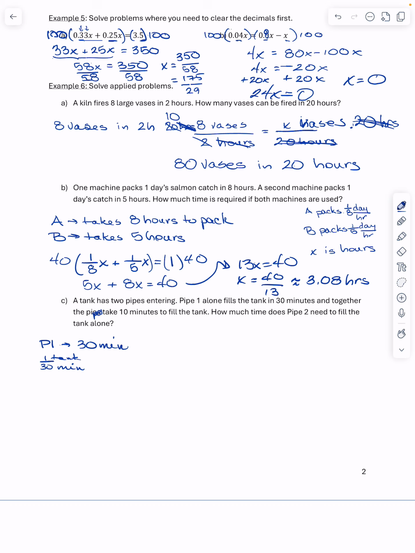When we add another pipe, it now takes 10 minutes to fill the tank. So we don't know how much time pipe 2 takes, but we know if we add them together, it takes 10 minutes.